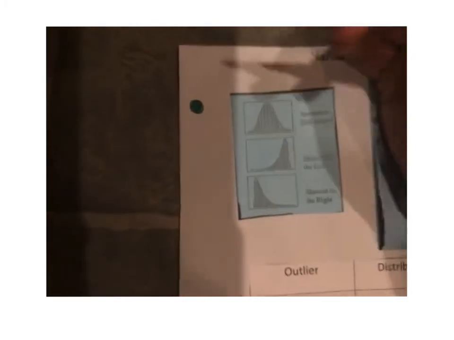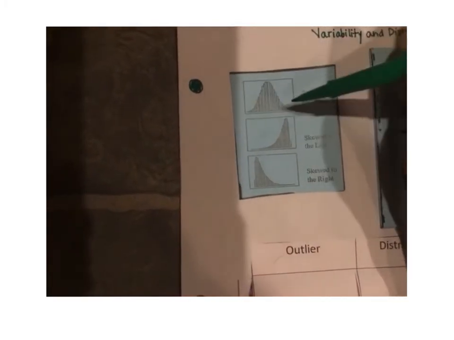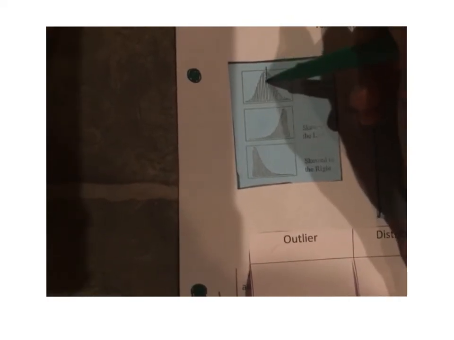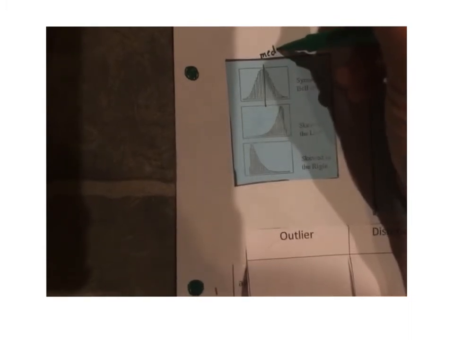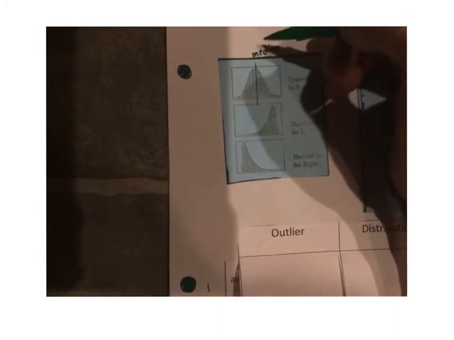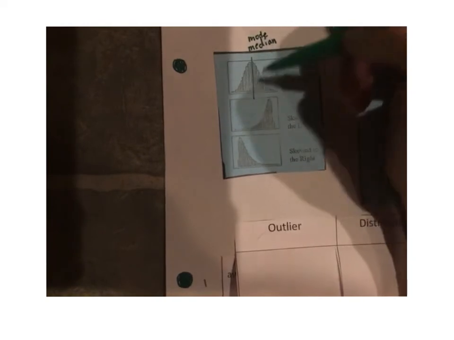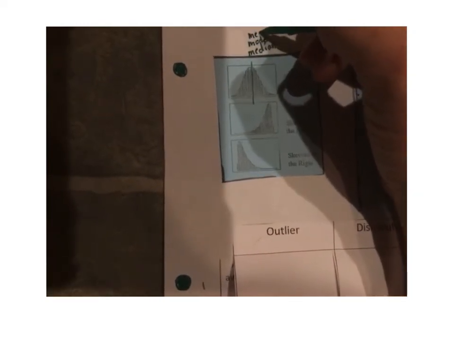If I were to cross off lowest and highest and lowest and highest and keep going back and forth, I would find that the middle number, the median, is right here. The one that's most popular is my highest, which is the mode. And we're going to learn how to balance our mean and average it.